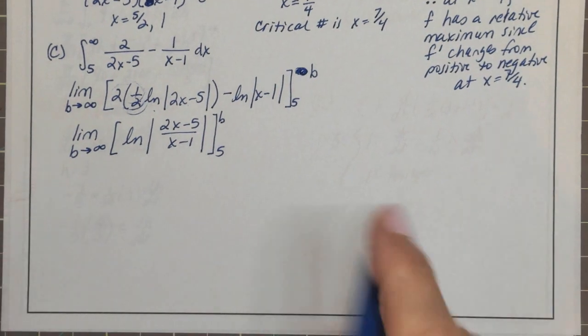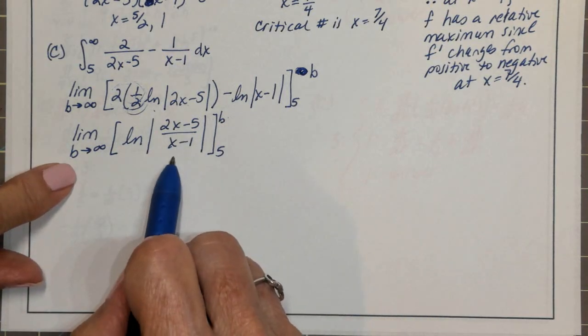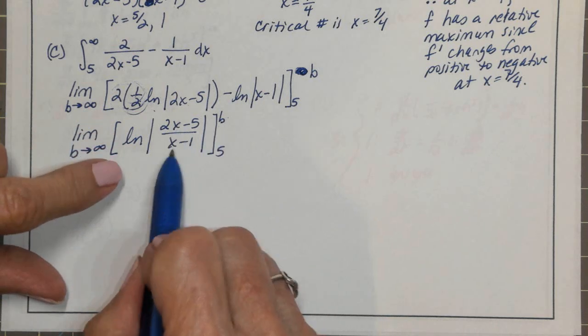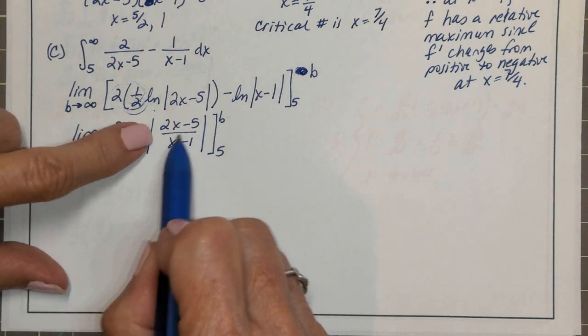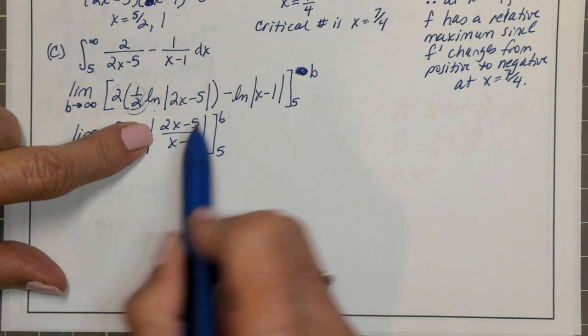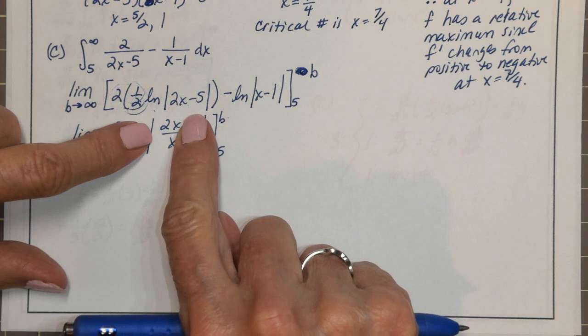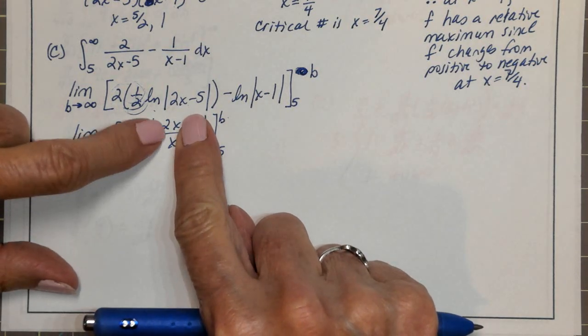Now I'm going to plug in b for x and let b go to infinity. So if I plug in b for x and let b go to infinity, this fraction is going to 2 because the -5 and the -1 are irrelevant, and the rest reduces to 2.